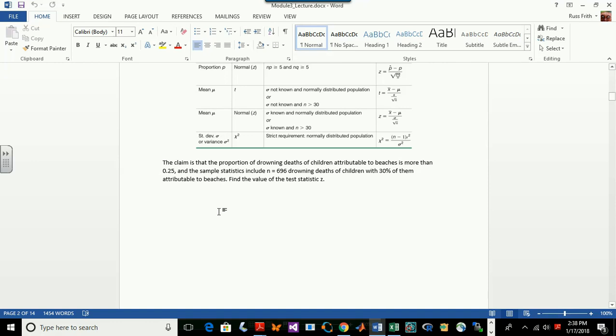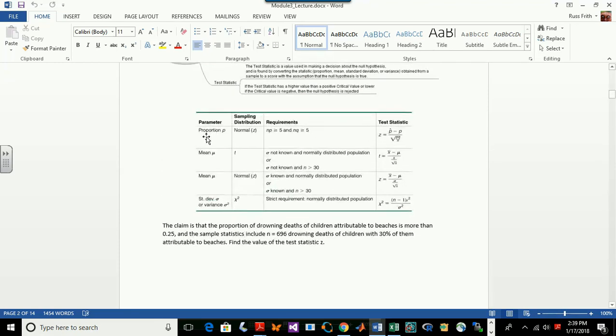For this particular problem, this is a proportion, right? Whenever you see percentages, we're dealing with population proportions. So we go to this test statistic table, and we look for the test statistic for a population proportion.